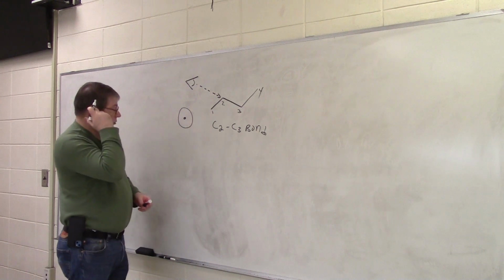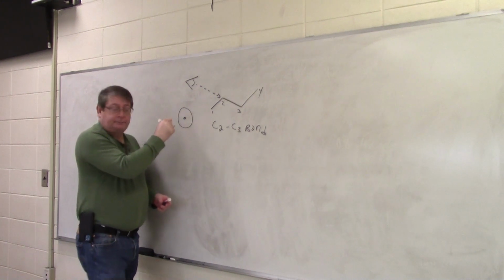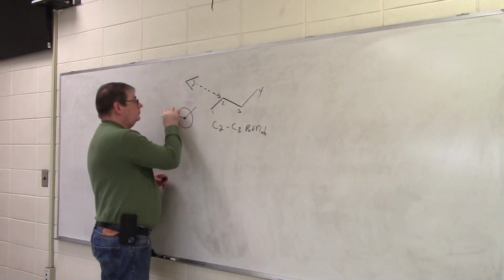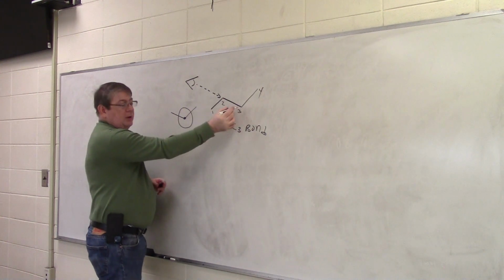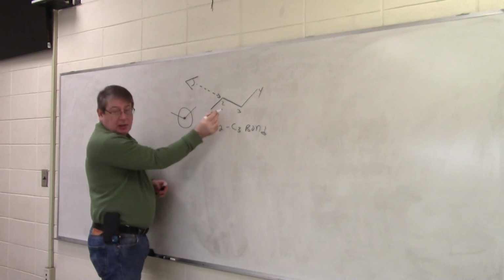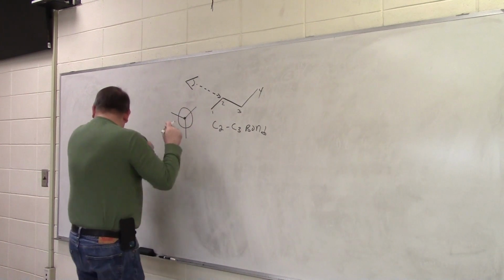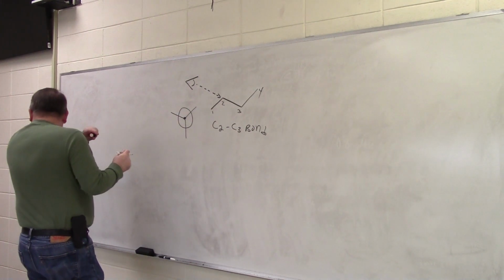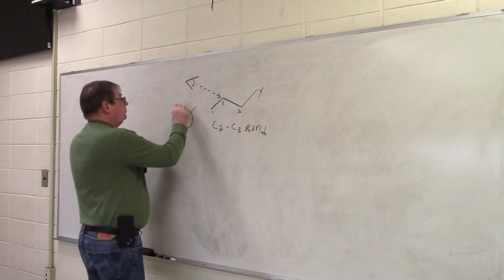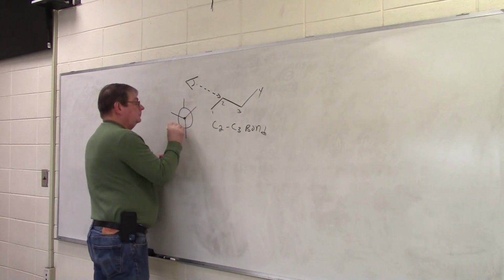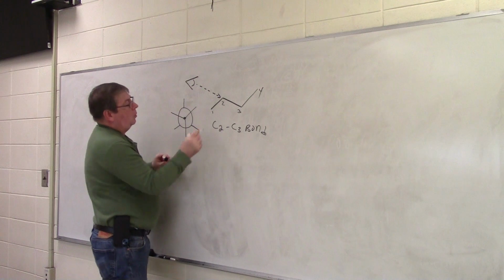The front carbon is represented by the dot. The back carbon, which is carbon number 3, because my eye is here looking at carbon 2, is going to be the circle.